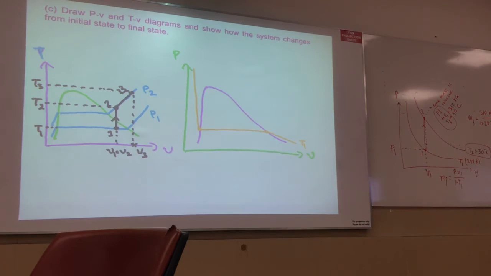Okay, state 1 is here, right? Then this one is T2. And this one is state 1. It goes from 1 to 2, a constant volume process, right? And later it follows.